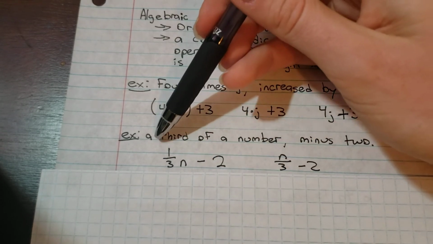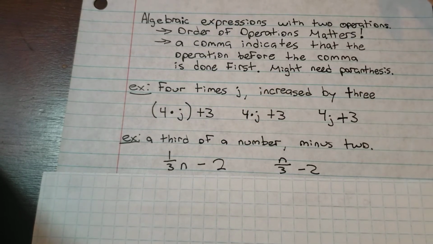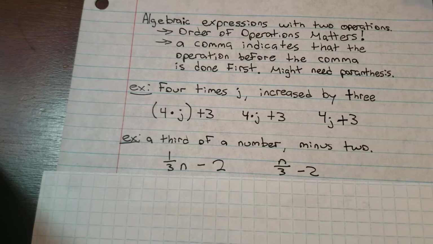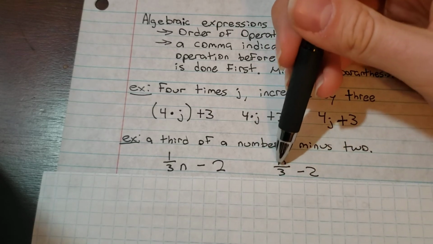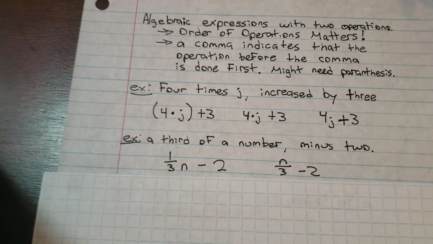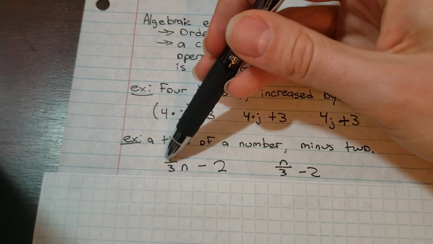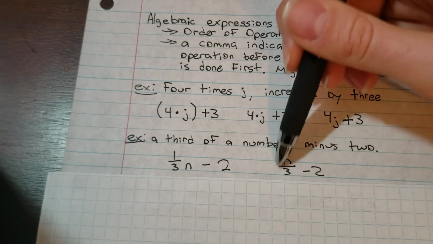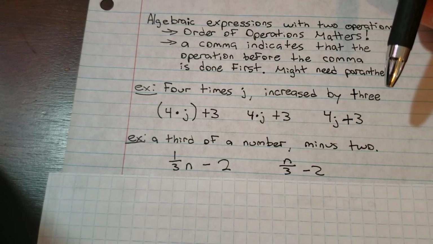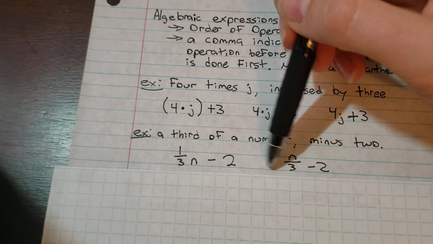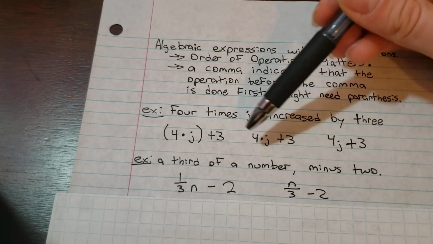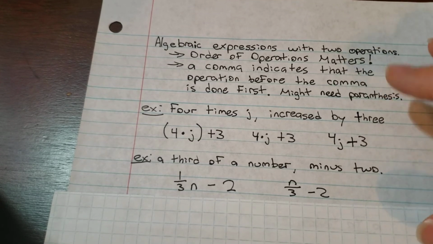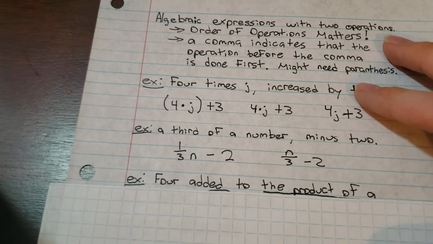Now, in order to find a third of something, if I were to offer, Nicholas, if I were to offer you a third of my pizza, I'm going to take my pizza and divide it into 3. And then you get one of those thirds, right? You could write a third of a number as n divided by 3, but you don't have to. Either one of these is correct. Same with this first example. Any one of these 3 is correct. Whichever one makes most sense to you, do it.